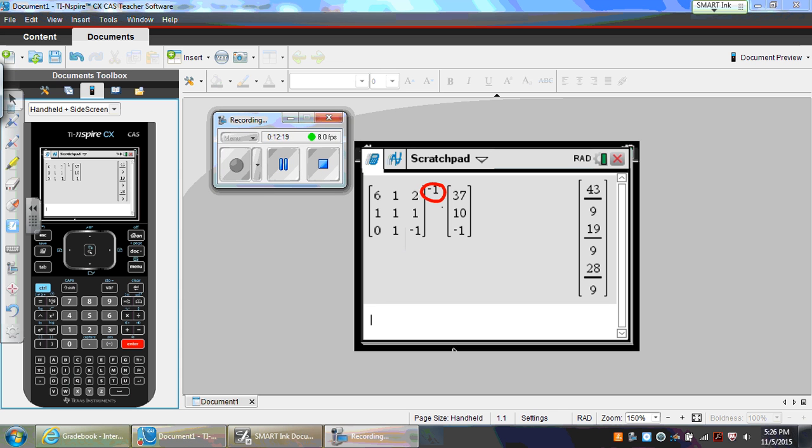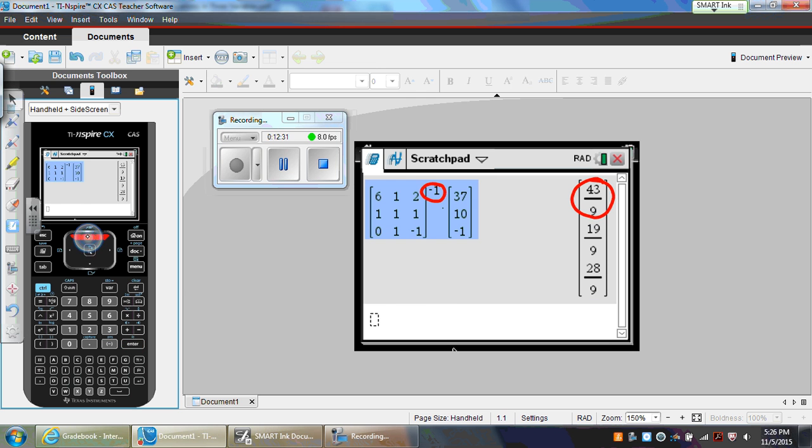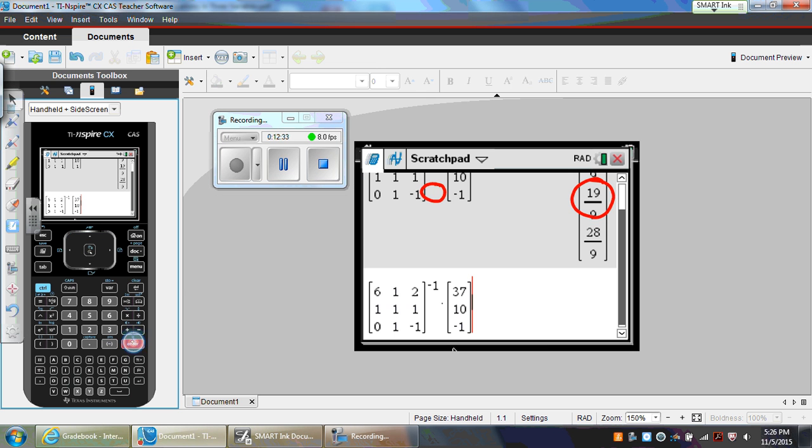I know I did something wrong because we cannot have 43 over 9 touchdowns, right? We should get an integer there. So I'm going to go ahead and copy this matrix by highlighting it and then just press enter. And then I'm going to go back here and change that sign to positive and the y to negative.